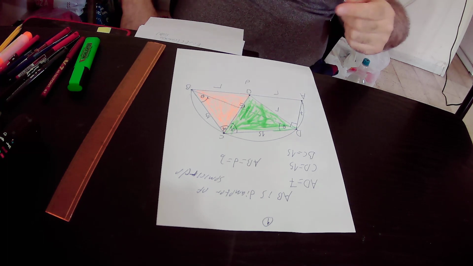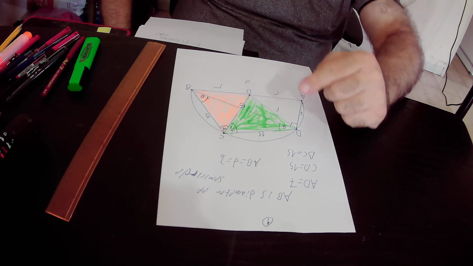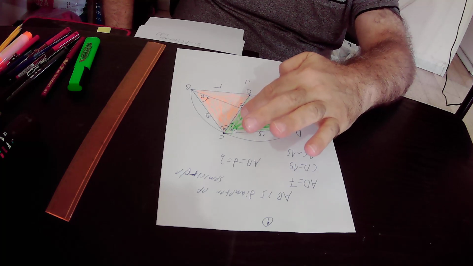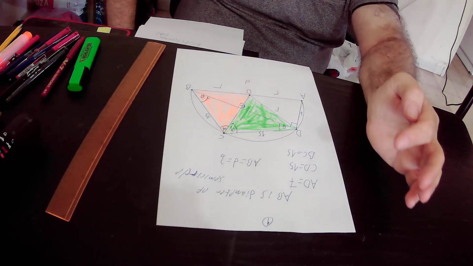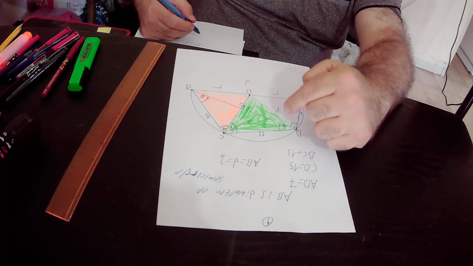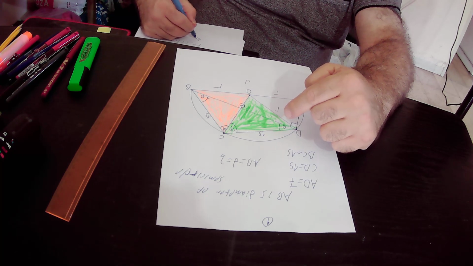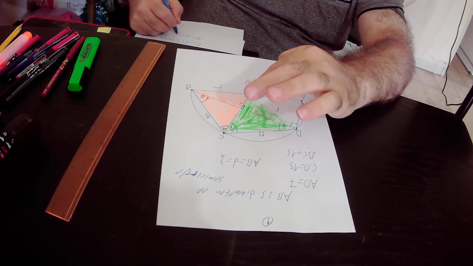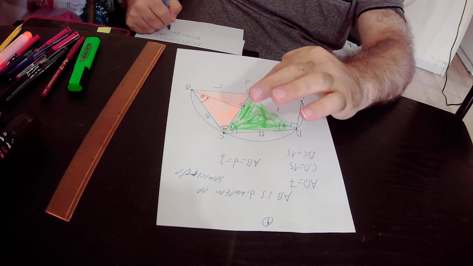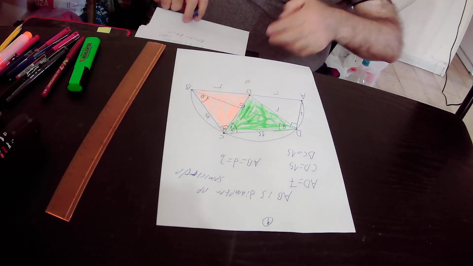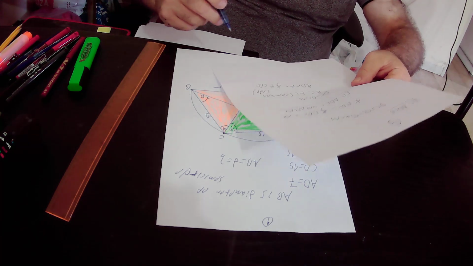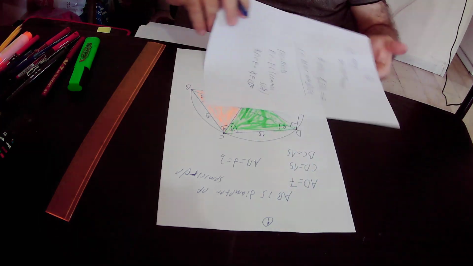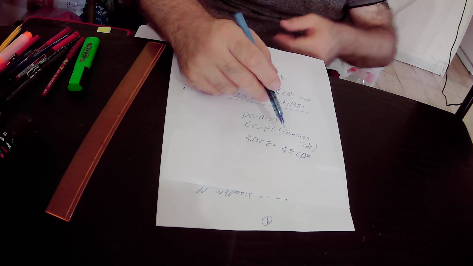And this angle alpha equals this angle alpha, or angle DCE equals angle ECB.